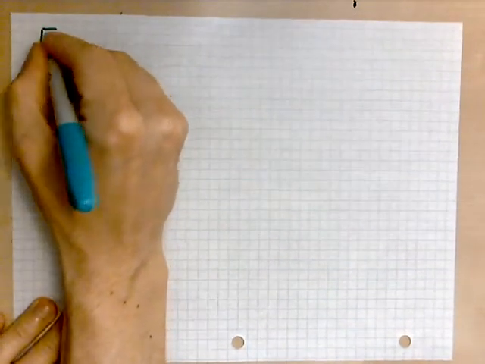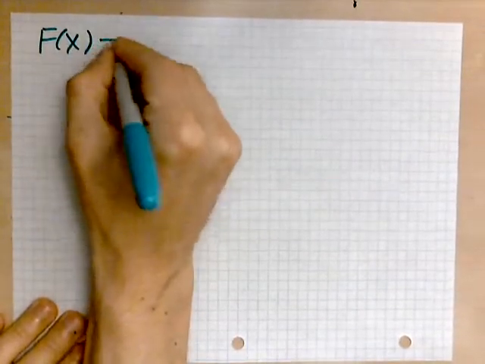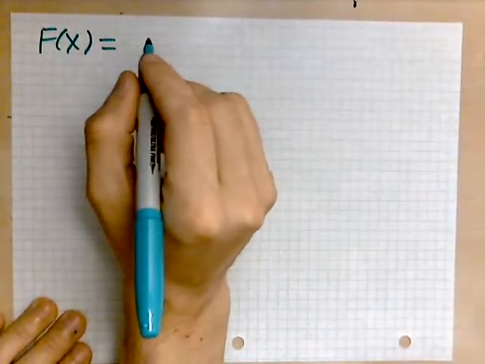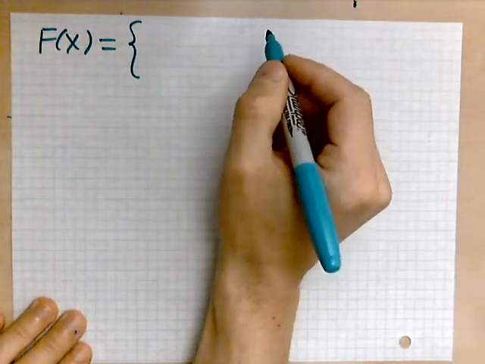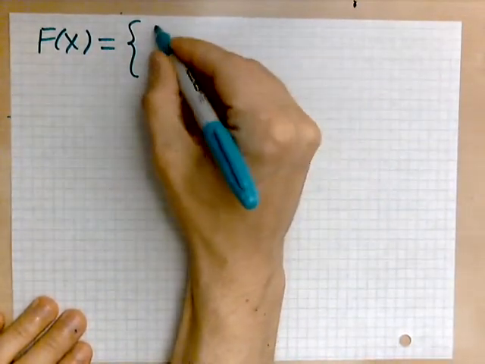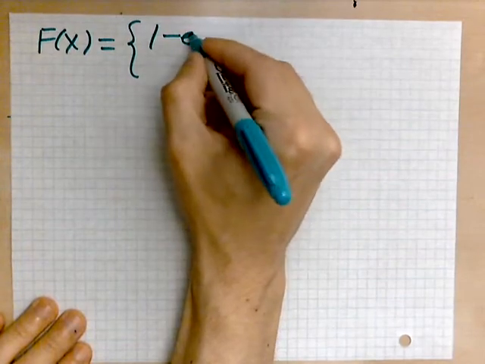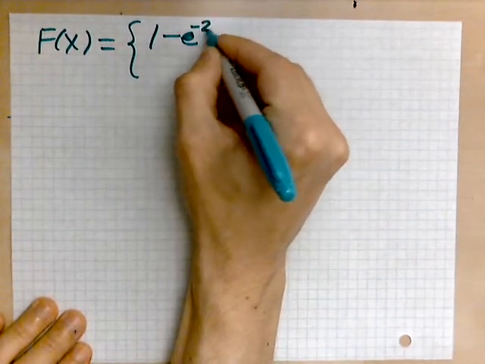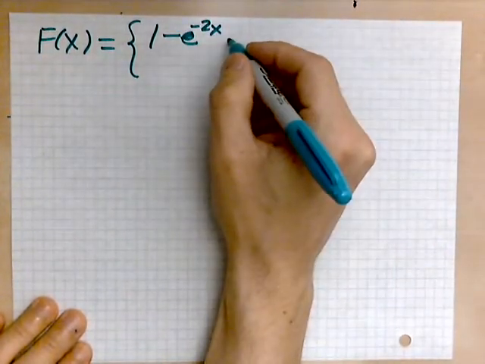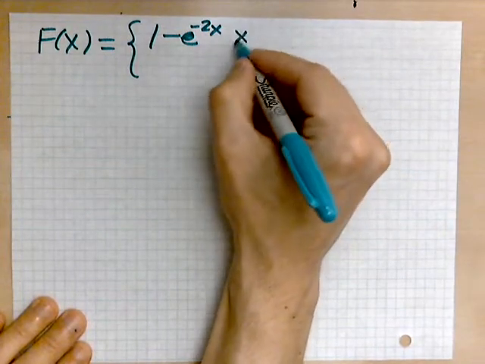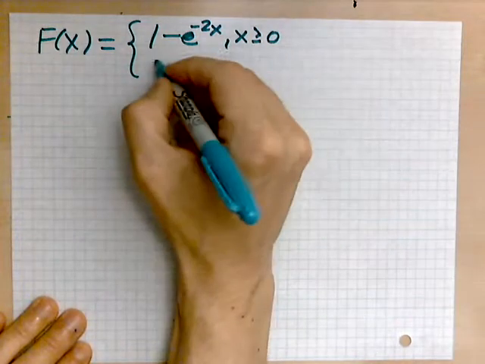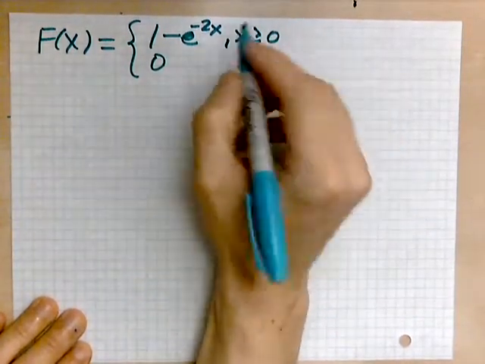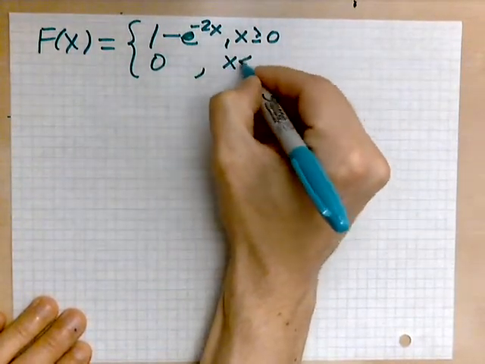It's big F of x equals 1 minus e to the negative 2x, and this holds for x being greater than or equal to 0, and then this function is 0 for x less than 0.